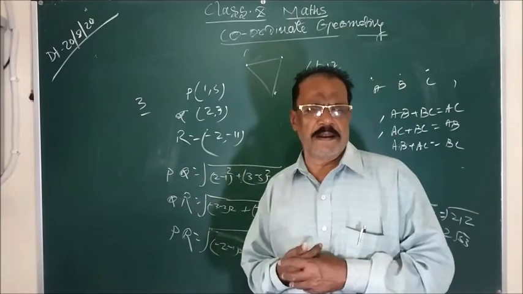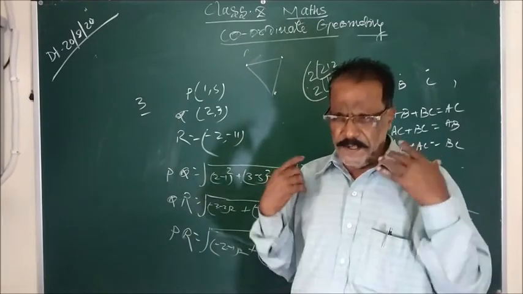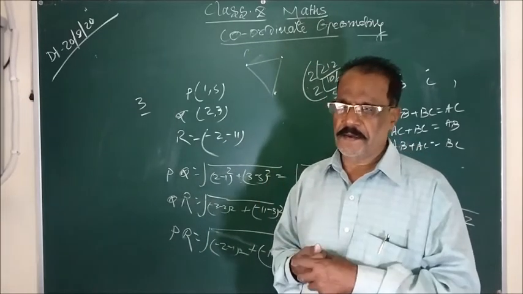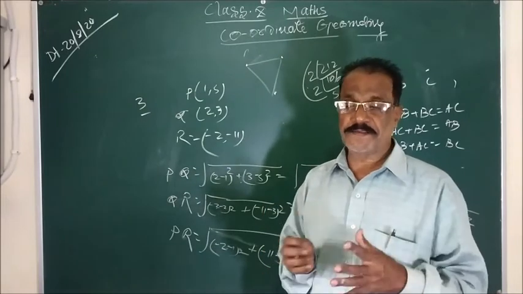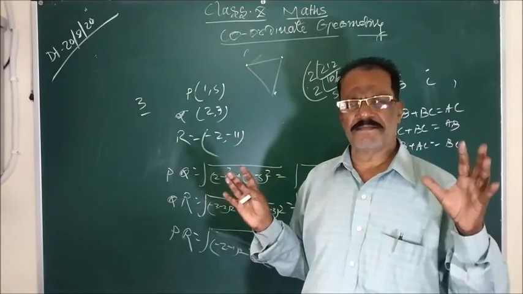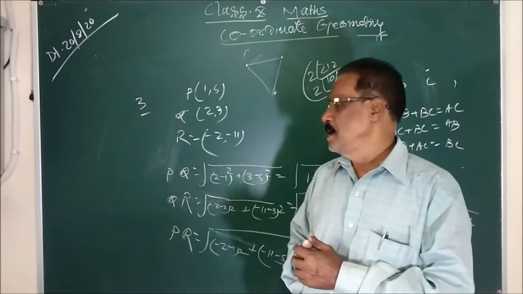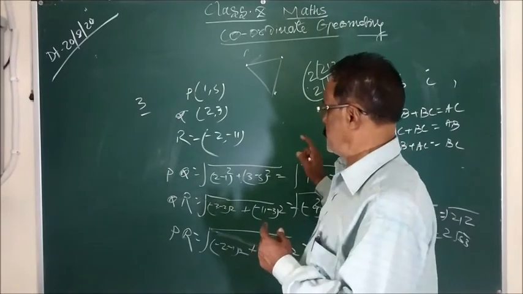Simplification may be difficult, but you should learn how to simplify it. But the formula and basics, all these things are nearly the same. So don't worry about the questions.